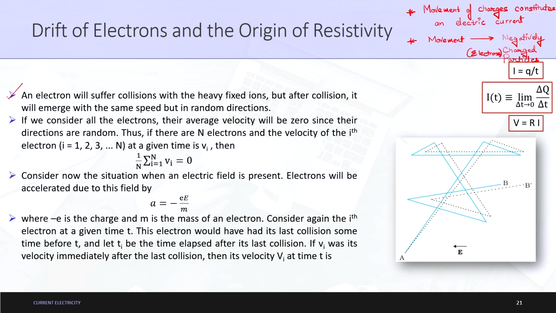Next thing is we understood that there may be negatively charged particles and positively charged particles also. Next assumption which we put was that positively charged particles will be fixed. So, these two were the assumptions which we need to make for this current electricity concept.